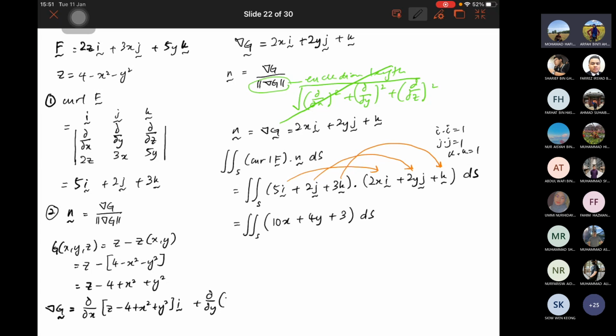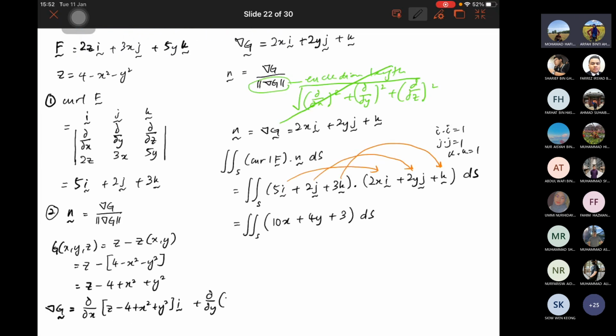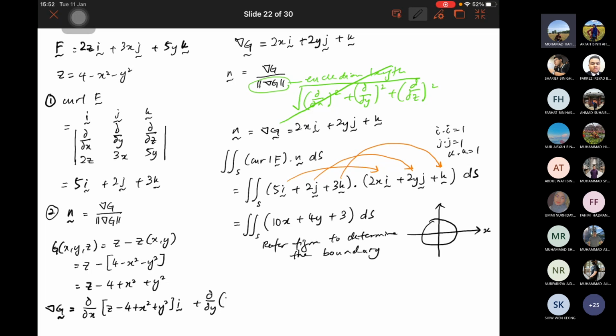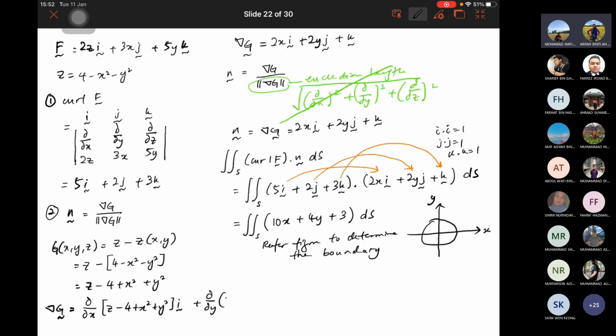Okay. Then determine dia punya boundary. Tengok balik, refer figure to determine the boundary. And if you refer awak punya region, tapak dia, bawah dia adalah dekat axis x and also y. So kalau tengok this one, this is dia punya tapak xy, 2, negatif 2.